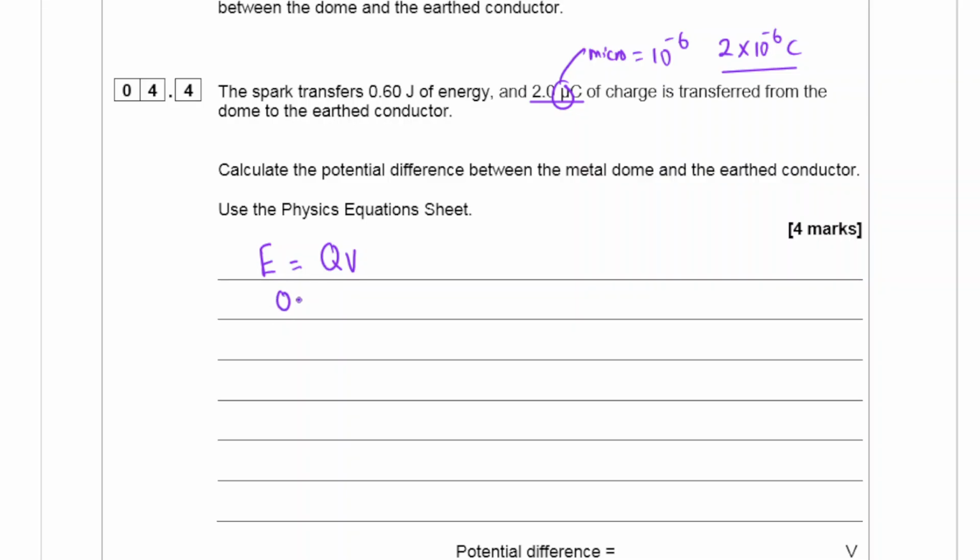So energy is 0.60 joules, which is equal to the charge, 2 times 10 to the power minus 6, multiplied by the voltage. Voltage or potential difference is equal to 0.6 divided by 2 times 10 to the power minus 6, which gives me 300,000 volts.